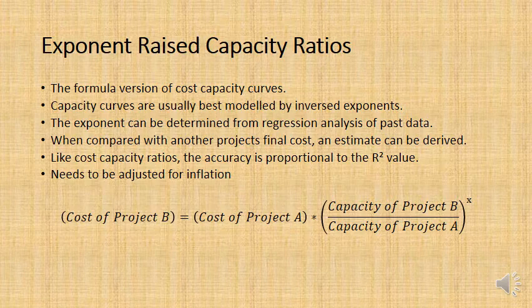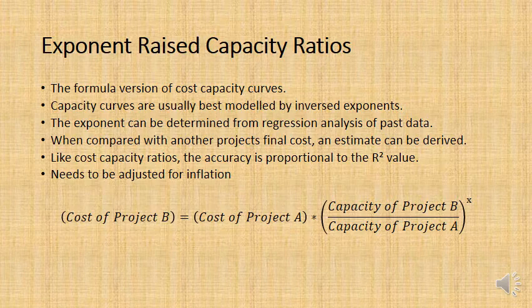Now, why that is because of economies of scale, so that they are always curving downwards, as you saw before in the previous slide, for a unit cost. Now, these exponent values are determined by regression analysis, as we saw with the cost capacity curve.